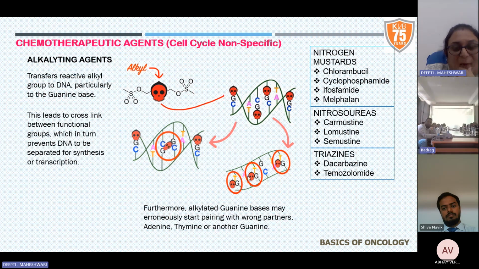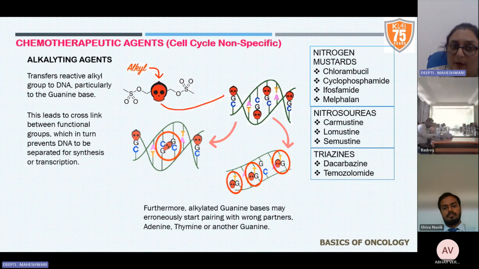So when these alkyl groups have attached themselves to the guanine base, the two DNA strands you can see here cannot separate. If they cannot separate, then DNA cannot uncoil, and DNA duplication will not take place. If DNA duplication will not take place, then obviously the cell cannot multiply itself.